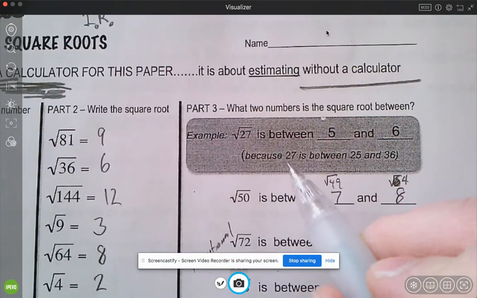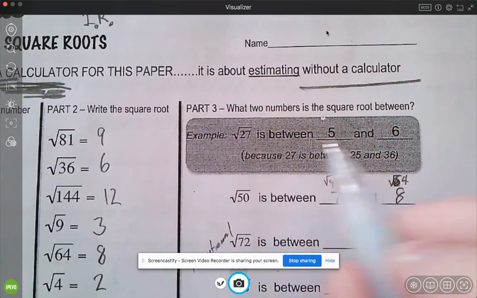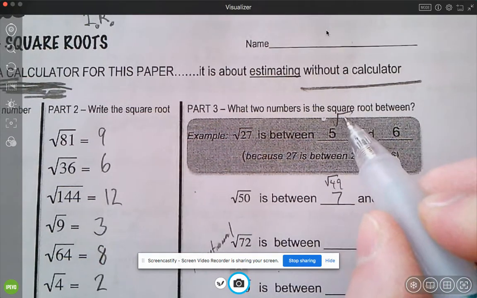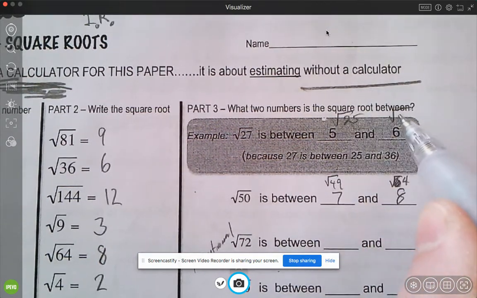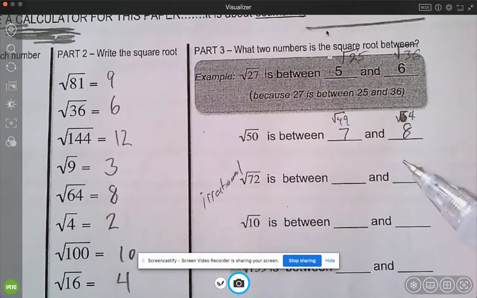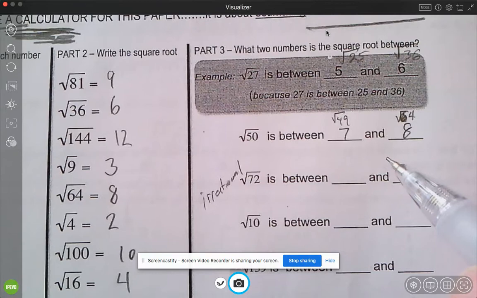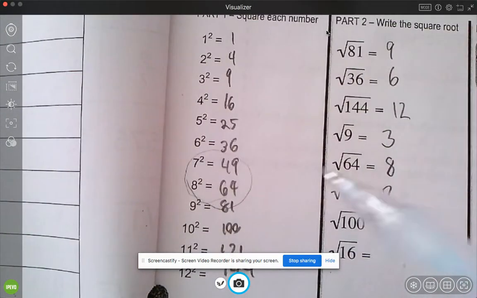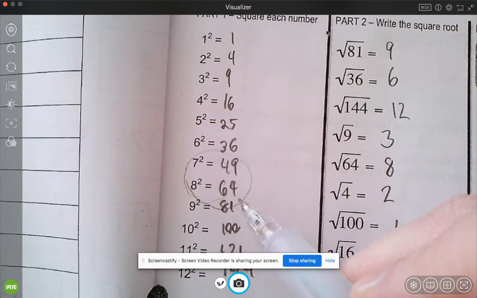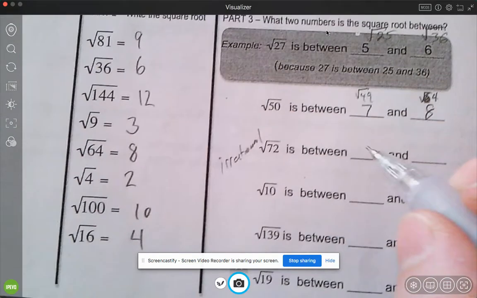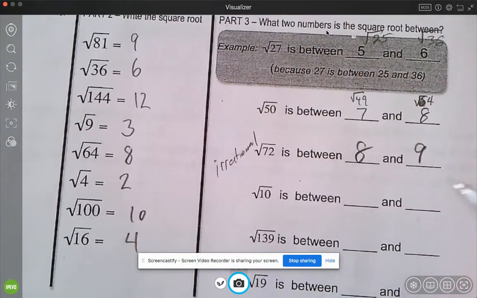This one is between 5 and 6, because that's the square root of 25 and the square root of 36. How about the square root of 72? What numbers do you think that would be between? Somewhere in this area. Hopefully you would say it's between 8 and 9.